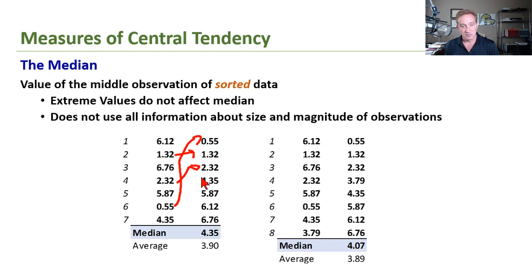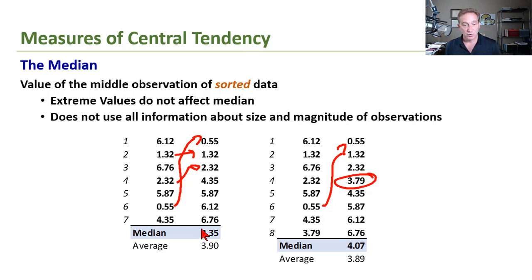So same 7 observations sorted. And then over here we have 8 observations raw, which have then been sorted. And they're the same observations. The only difference here is that we have an additional observation. And it looks like it's the 3.79 is the extra or 8th observation here on the right.